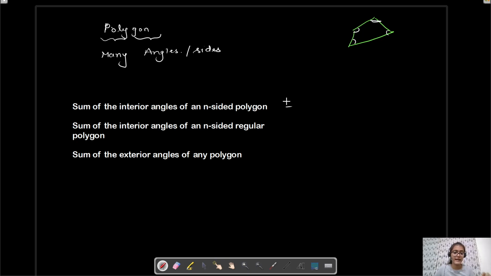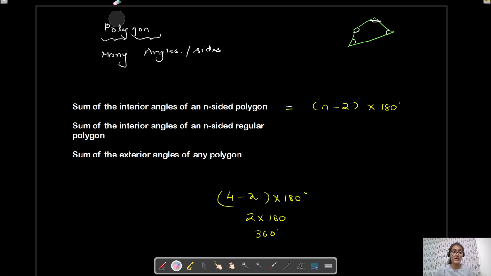For an n-sided polygon, the sum is equal to n minus 2 times 180 degrees, where n is the number of sides. For a quadrilateral, n is 4, since it has 4 sides. So the sum of all the angles is 4 minus 2 times 180 degrees. 4 minus 2 is 2, and 2 times 180 is 360. So the sum of all the angles of a quadrilateral is 360 degrees.